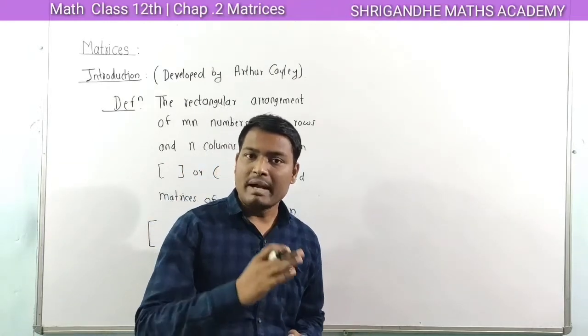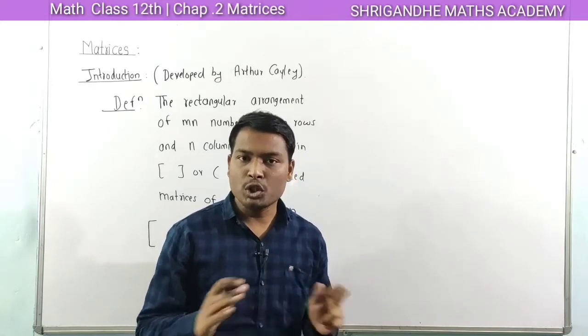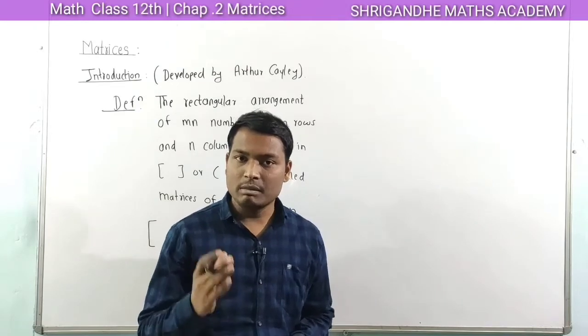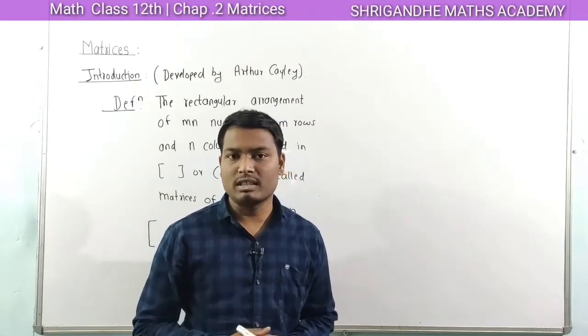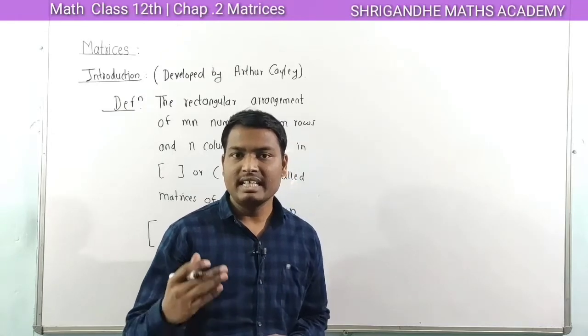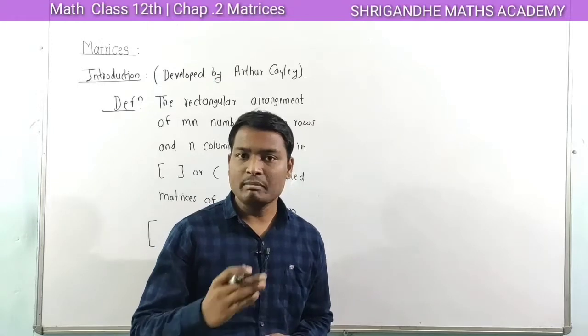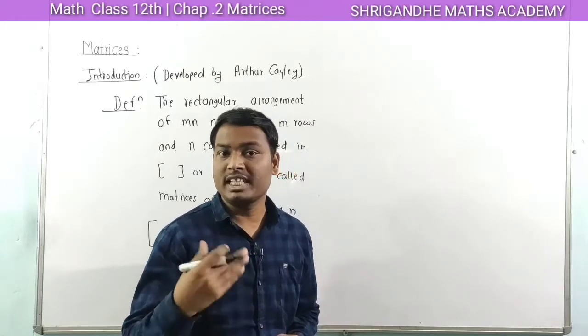But matrices are usually denoted by capital letters. We don't use small letters to denote matrices. And the numbers or elements in the matrices are denoted by small letters aij, bij, cij, etc., where aij means the element a lies in the ith row and jth column.